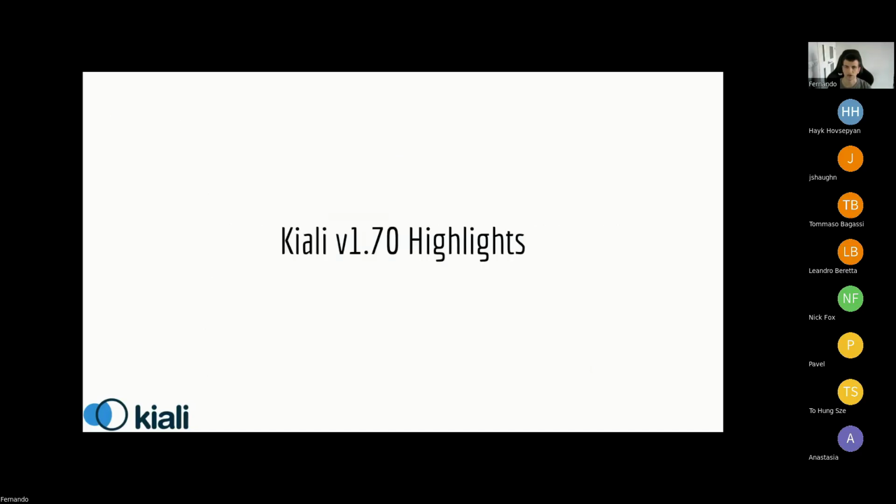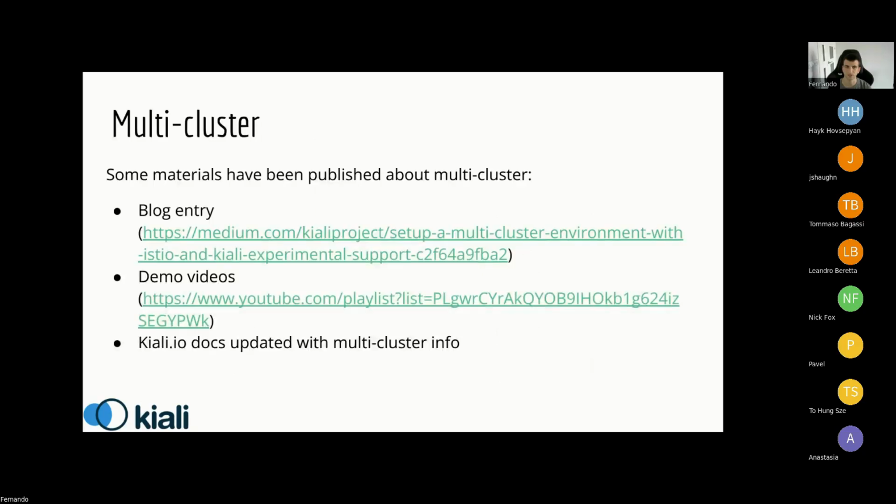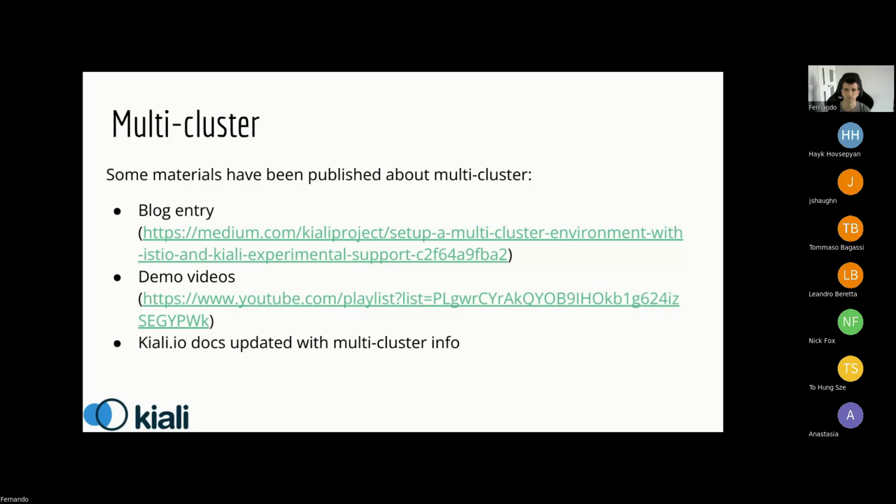Okay, let's continue with the highlights of Kiali version 1.70. Regarding multi-cluster, after finishing most of the code features of multi-cluster in the alpha stage, we have published some materials about multi-cluster. A blog entry has been uploaded to Medium, explaining how to set up a multi-cluster environment with Istio and Kiali.